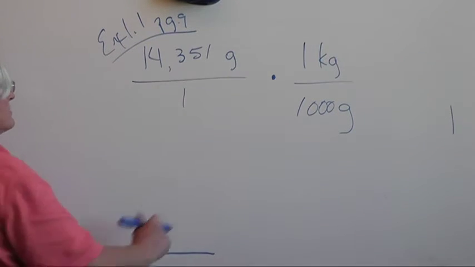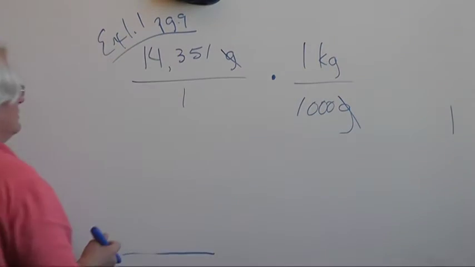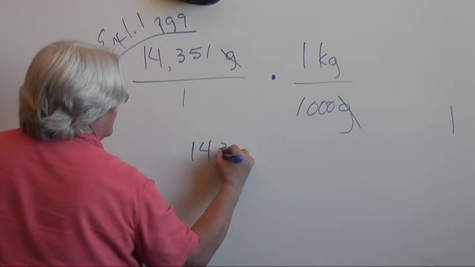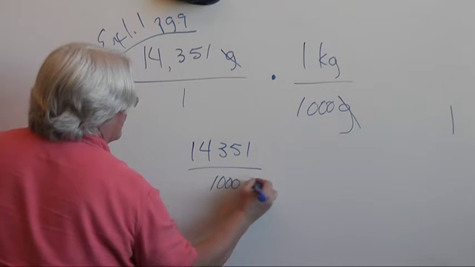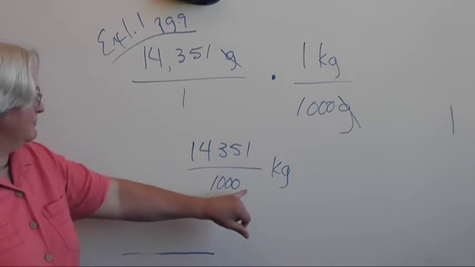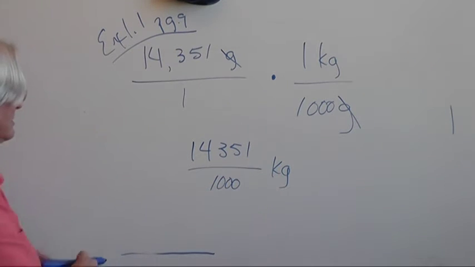The grams cancel, so we now only have one unit. We have 14,351 divided by 1,000 kilograms. When you divide by 1,000, you move the decimal point 3 places to the left.